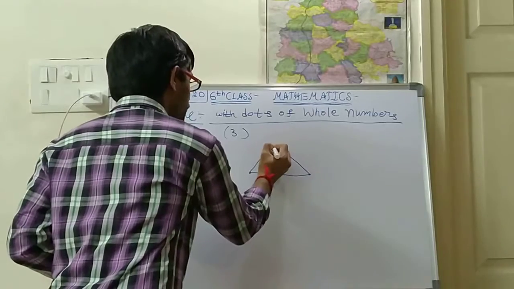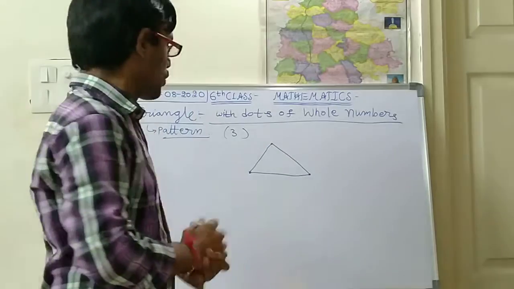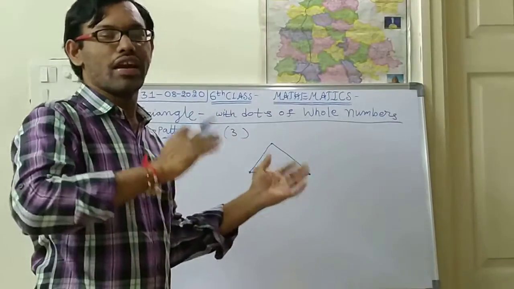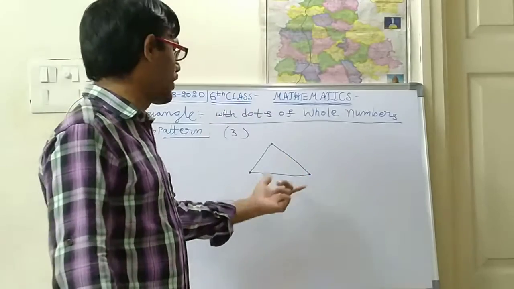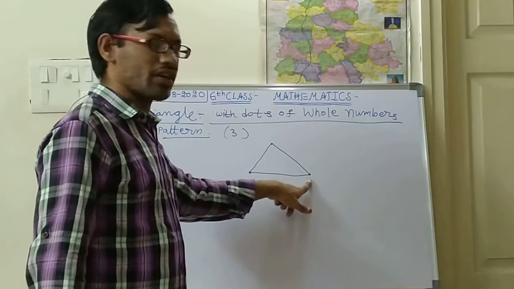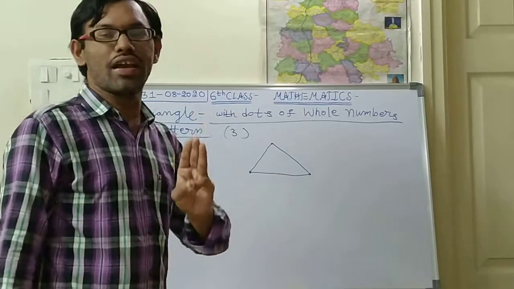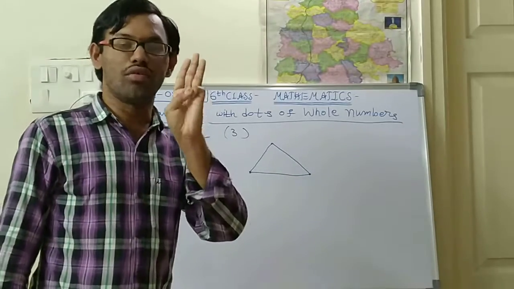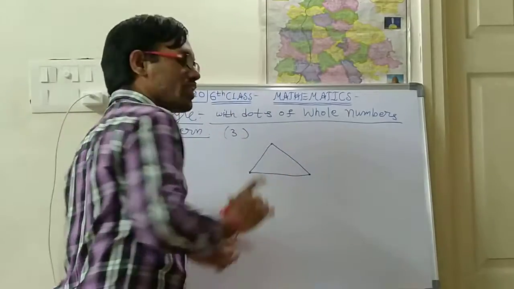In the triangle, these three dots are called vertices. You will learn that in the geometry chapter. For every triangle there will be 3 vertices.